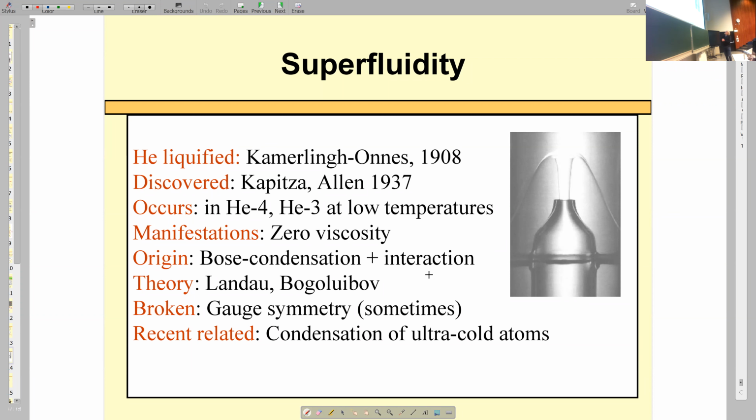Right, superfluidity. The same kind of physicists made liquid helium, but it required a little bit more time to discover superfluidity. That's one of the manifestations. In this experiment, we can see flows of the liquid which go without dissipation, like electric current in a superconductor doesn't cause any voltage, no dissipation.